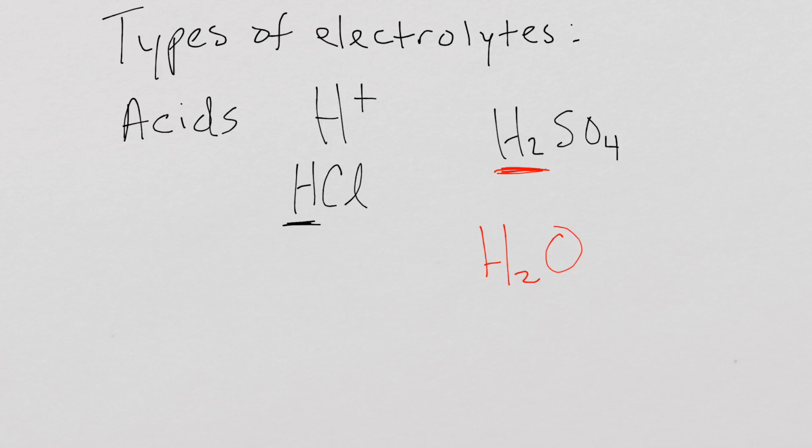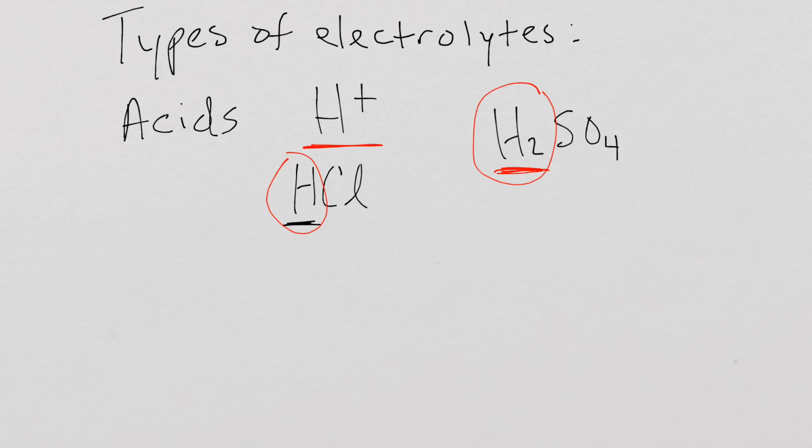When we start playing around with acids and bases later on, water also becomes very important in these types of reactions, and we're going to see that later. But right now, when we're talking about identifying acids, we're talking about a high presence of hydrogens, and they're always at the front of the molecule, with the exception of water.